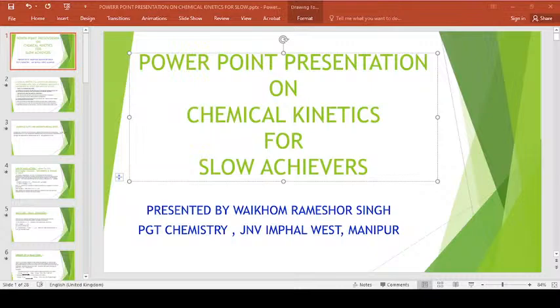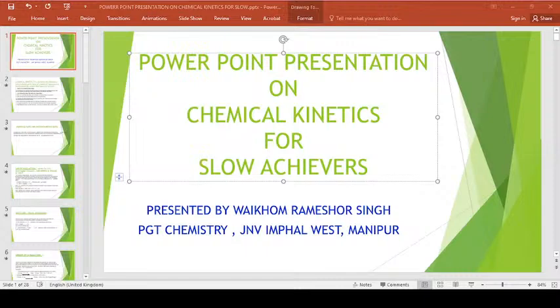This negative catalyst is very few, and it is applicable only for fast reactions. There are some reactions where the rate of reaction completes within 1 second or less than 1 second. So for that, we need to add some catalyst, and that catalyst is negative catalyst.